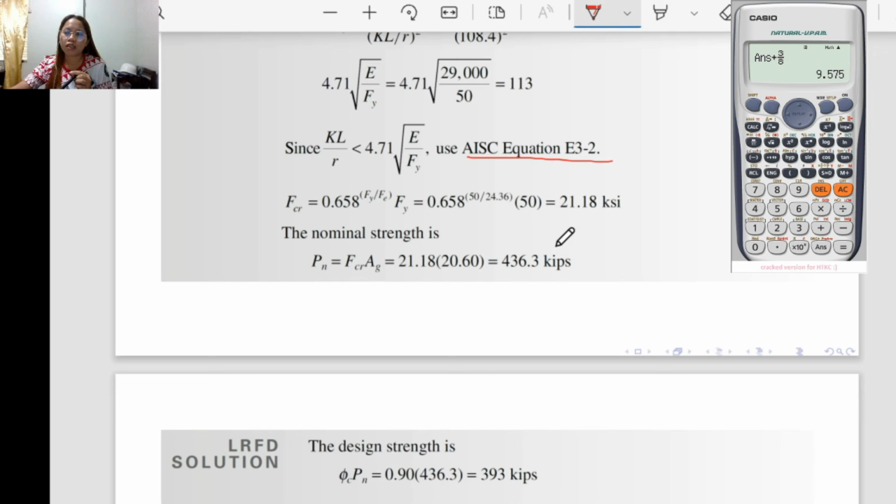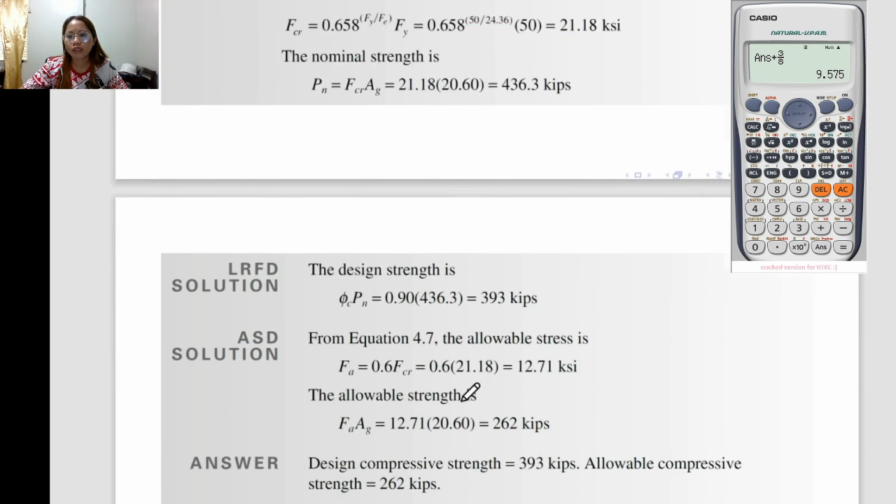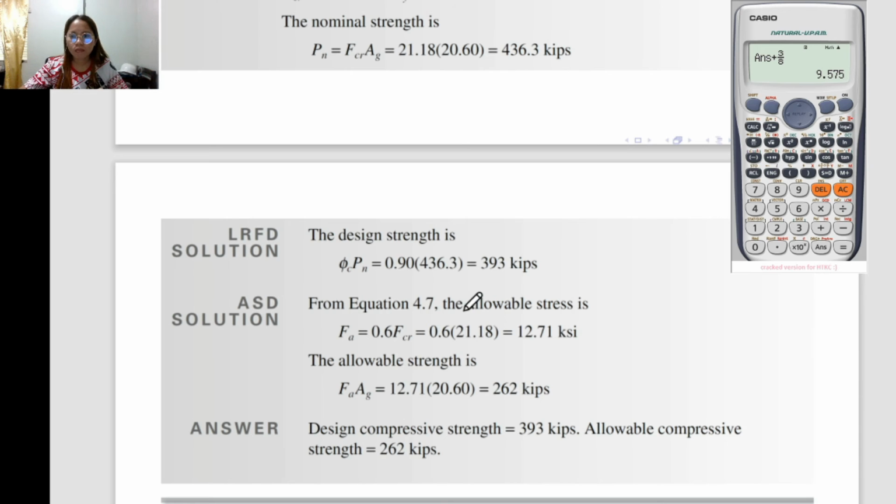Because this is force. So, 436.3 kilopounds. To compute for design strength from this one, for LRFD is just multiply this one with the resistance factor 0.9, diba? Remember this 0.9?